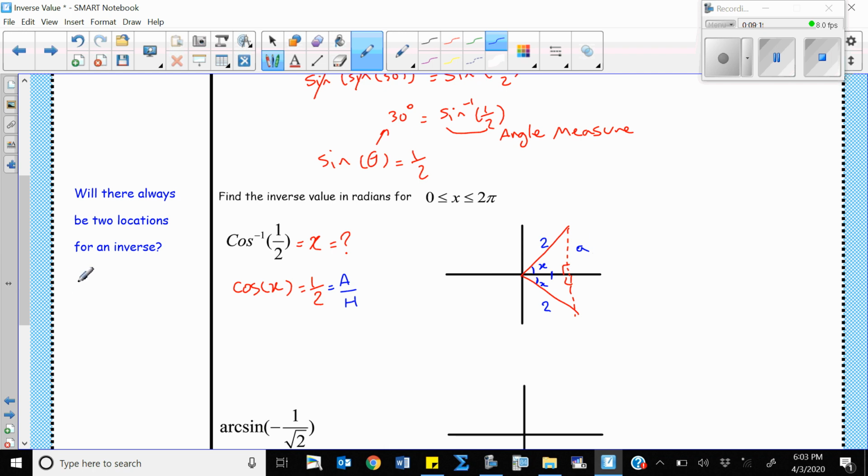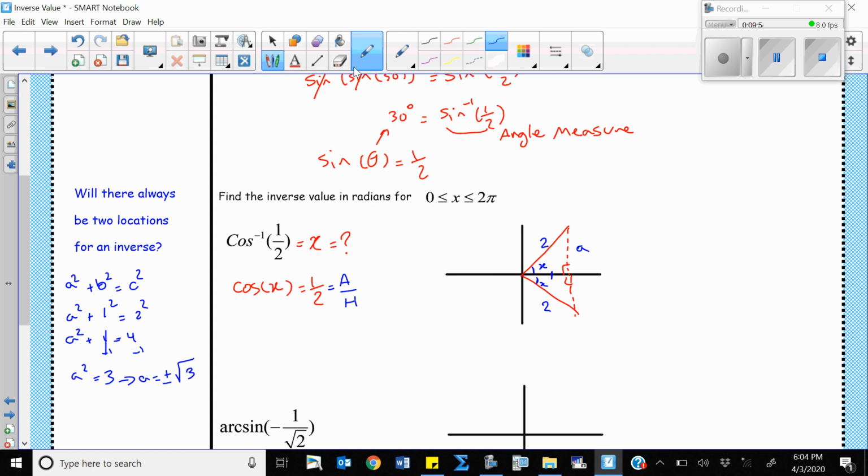I can use Pythagorean theorem to find the missing side. So I use a squared plus b squared equal to c squared. A squared is what we're looking for, b is 1, and c is the hypotenuse, which is 2. So this will be a squared plus 1 equal to 4, and I subtract 1 from both sides. A squared will be 3, and from here a will be plus and minus square root of 3.